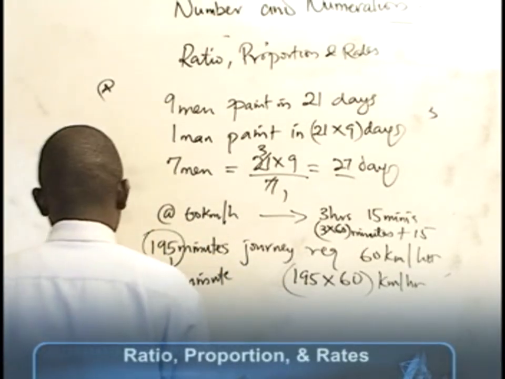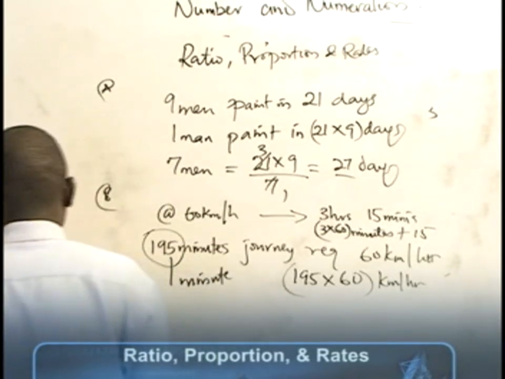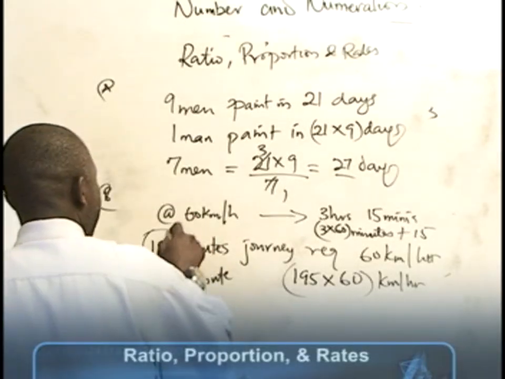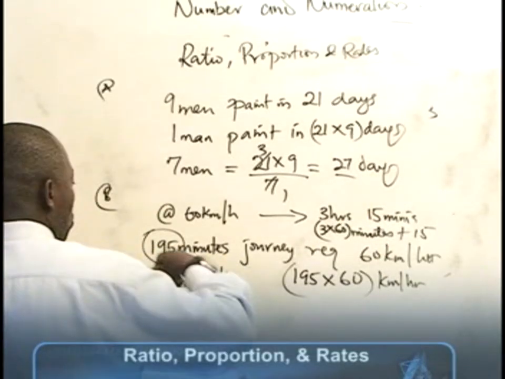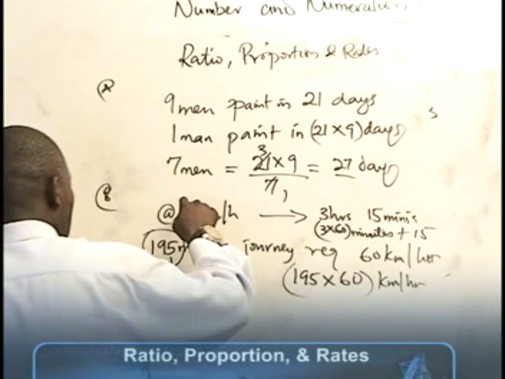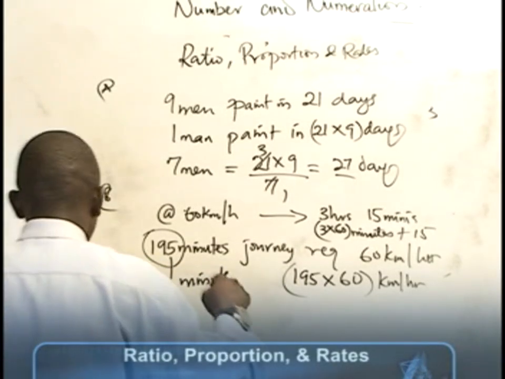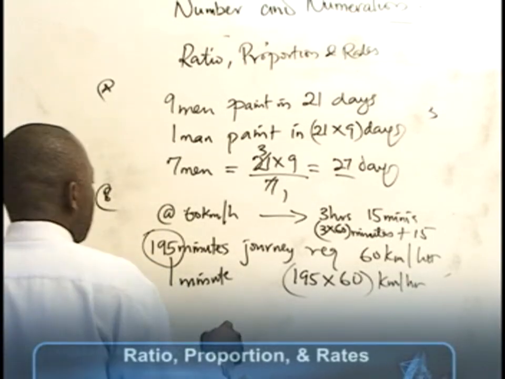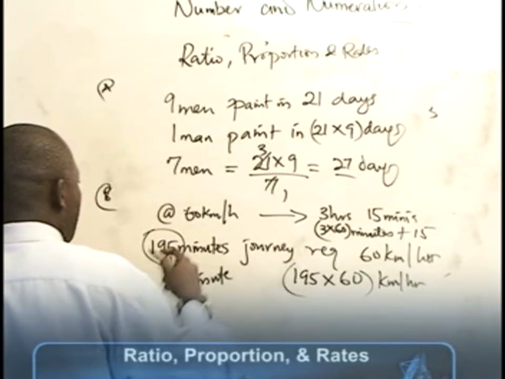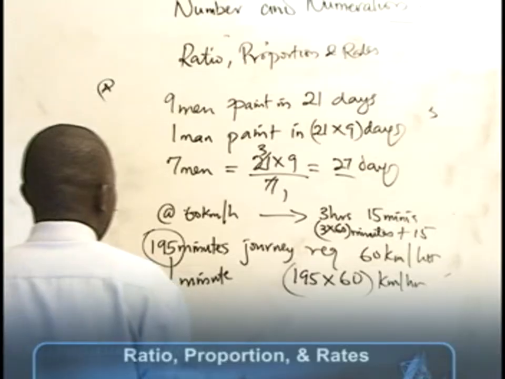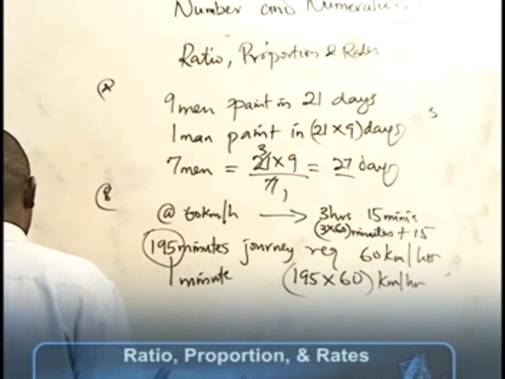That's 1 minute. The question now says, what if the person who took 3 hours 15 minutes to travel on a journey using 60 kilometers per hour wants to travel the same journey in 3 hours exactly, how much speed will he be traveling at?